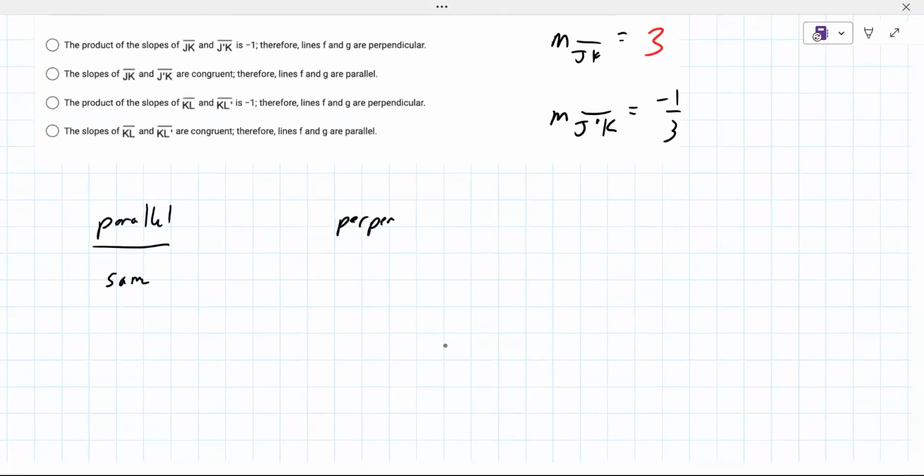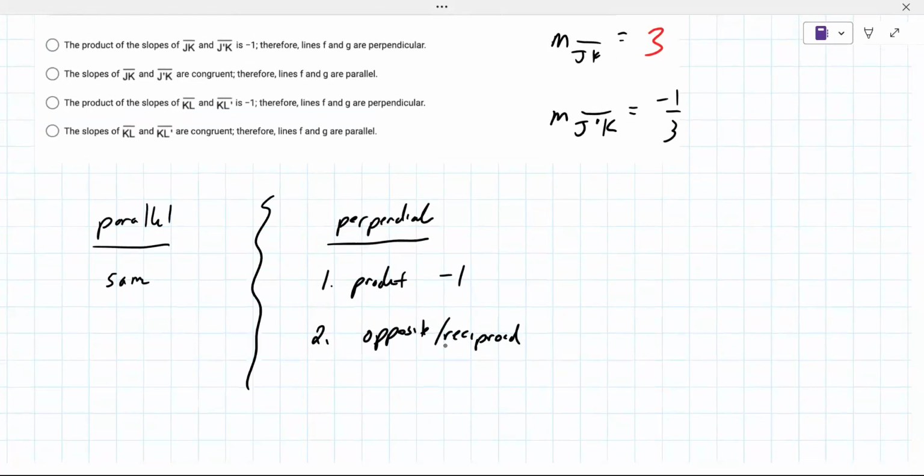They can be perpendicular if the product is -1, or they're opposite reciprocals. The third possibility is that they're nothing, they're just different.